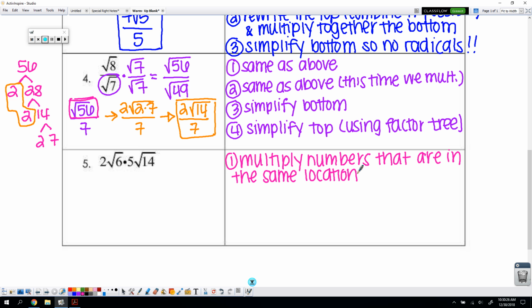Alright, and what I'll tell you here is I'm going to use color coding to make it a little bit easier. So you notice 2 is on the outside, 5 is on the outside, and then we have 6 on the in and 14 on the in. So what we're going to do is multiply 2 times 5. And then inside we have 6 times 14.